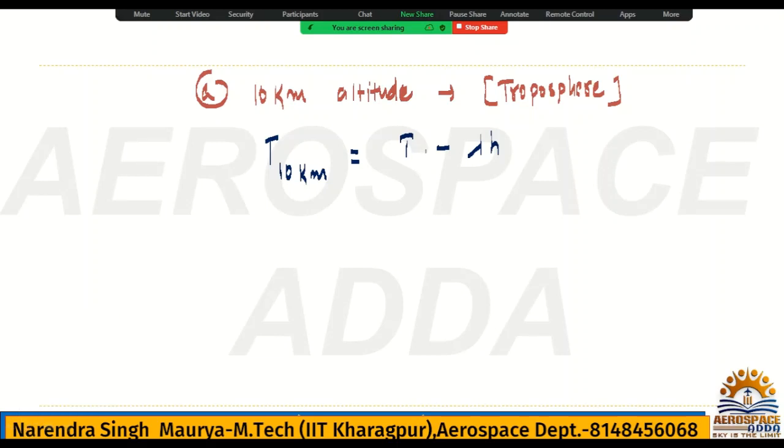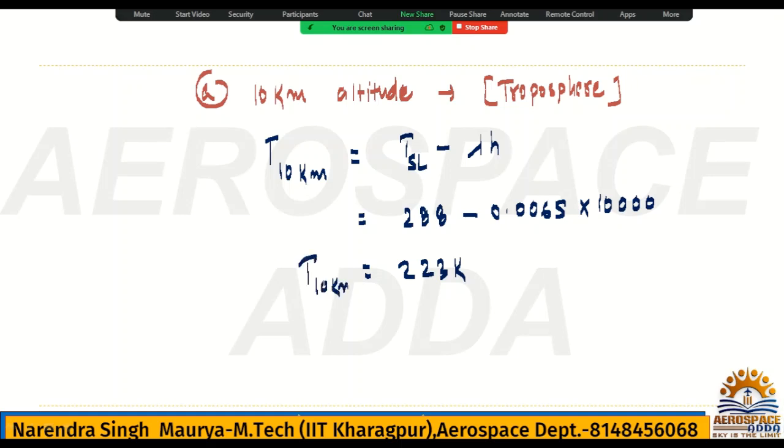I must say sea level. What is the sea level temperature? It is, I think, 288 Kelvin, right? 288 Kelvin minus lambda, which is 0.0065, times h, which is 10 kilometer. 0.0065 into 10,000 is 65, and 288 minus 65 gives us about 220. This is the temperature at 10 kilometer.